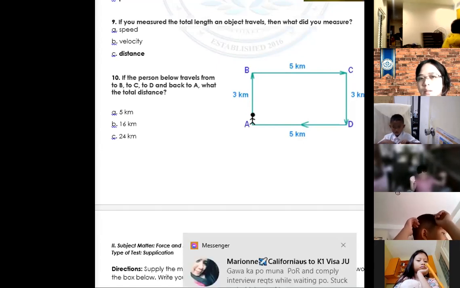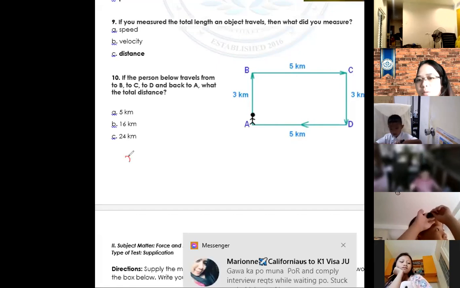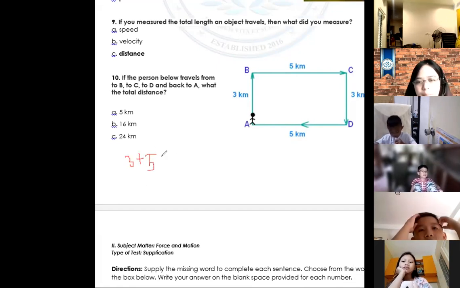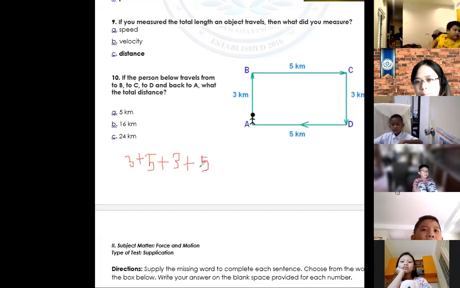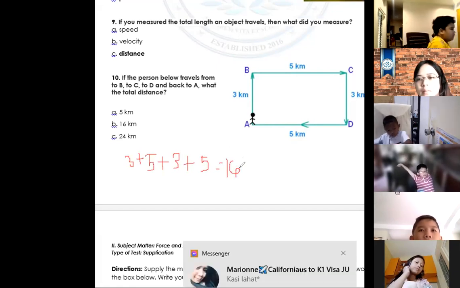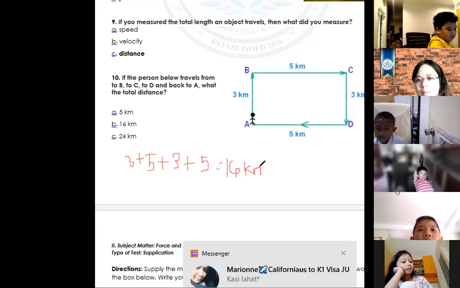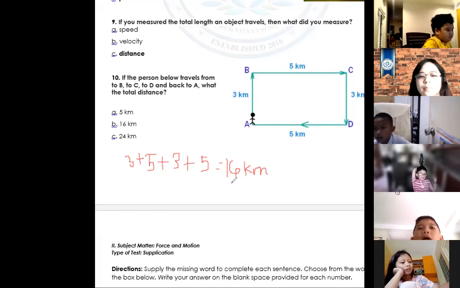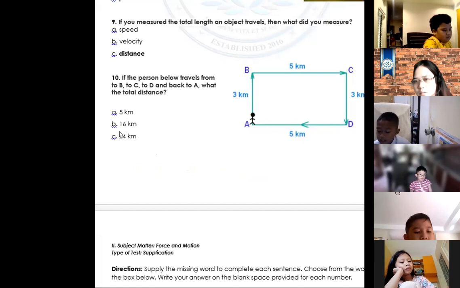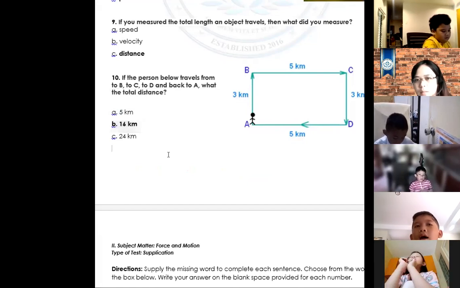You add the numbers: 3 plus 5 plus 5 is equal to 13, then 3 plus 5 plus 3 plus 5 equals 16. So the correct answer is letter B.